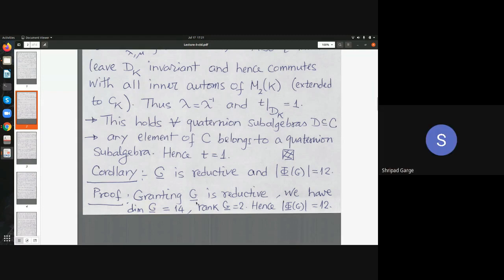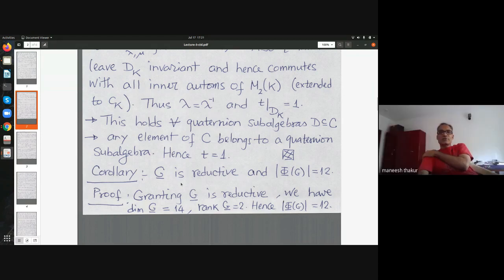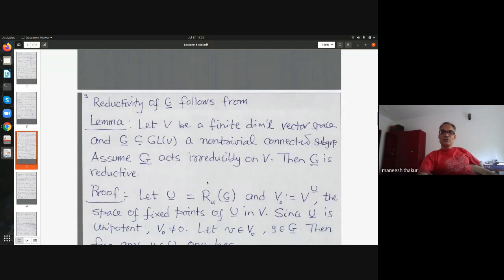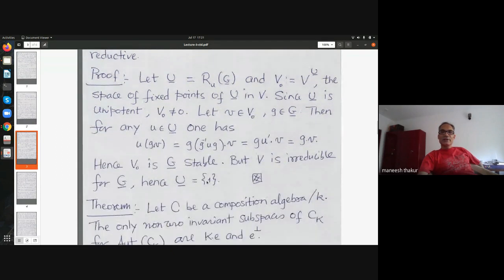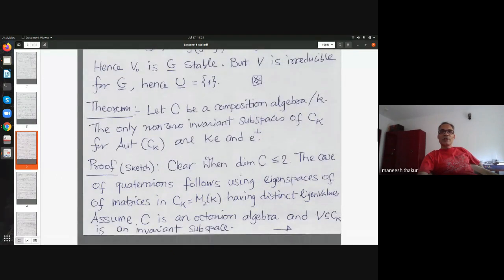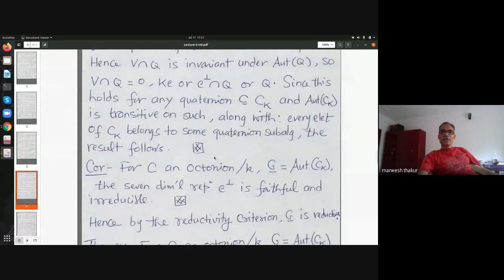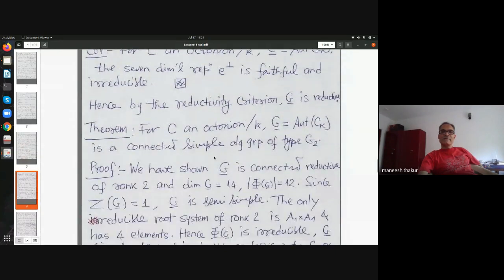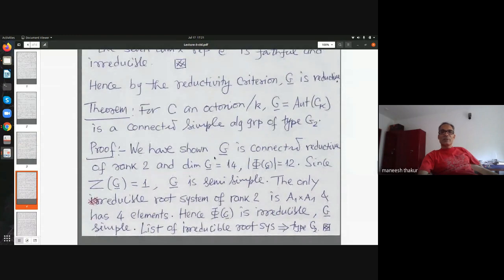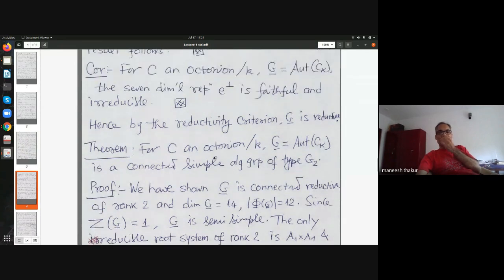So triviality will be used after proving reductivity. I think I should have shown this first. I have ordered results wrongly, perhaps. Using that result, I get reductivity. So please order the results correctly. First you prove reductivity and then the center is trivial.